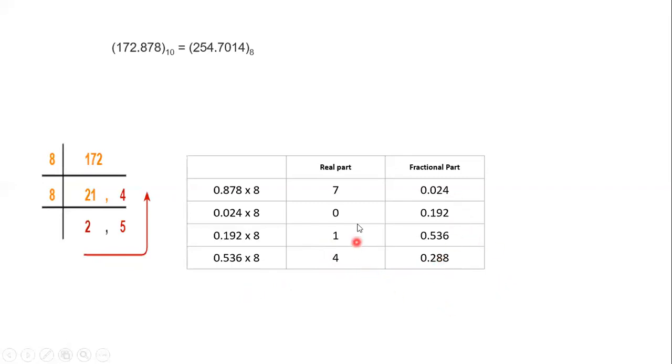Therefore, we stop at a 4 or 5 digit approximation. So take from top to bottom. Therefore, this is 7014. Therefore, 172.878 decimal is equal to 254.7014 octal.